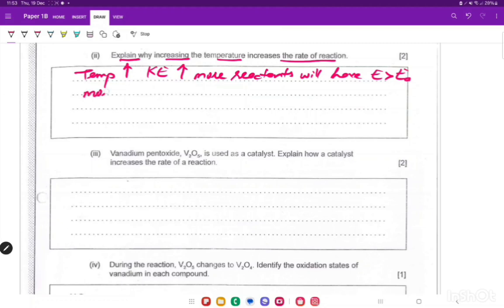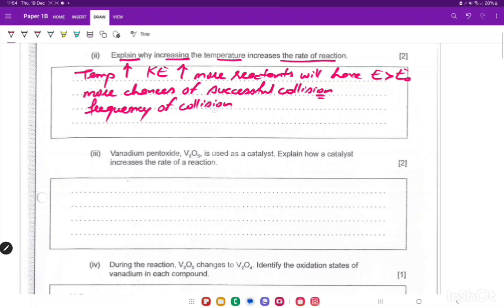Hence, there are more chances of successful collisions, and the frequency of collision will increase.